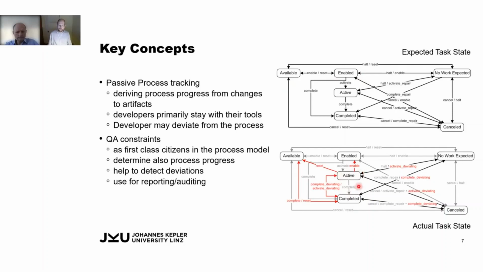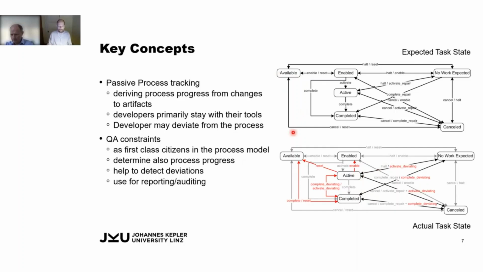And so we can compare this to finite state machines and say, actually you're not supposed to work on this yet, but as you are working on it, I will also do your quality assurance checks. But be aware, as long as you're deviating, you can't be 100% sure whether your quality constraints are fulfilled. There might still be some upstream changes that you have to react to later on.